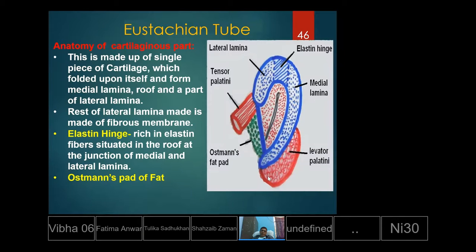Now the Ostmann pad of fat, along the lateral membranous lamina, the bulky character of this fat pad helps to close the Eustachian tube.